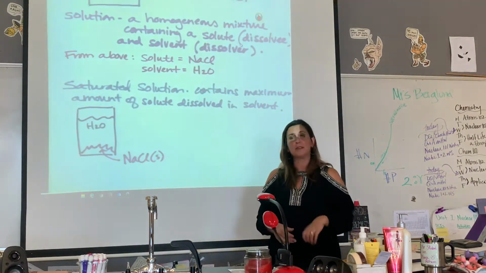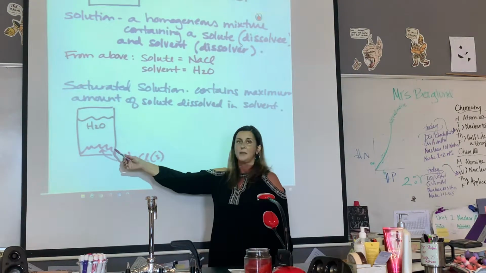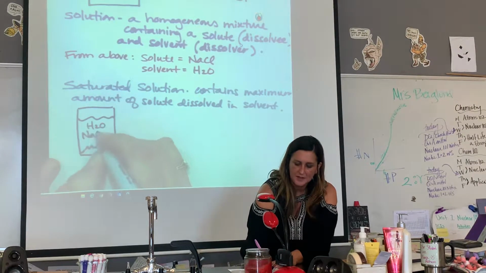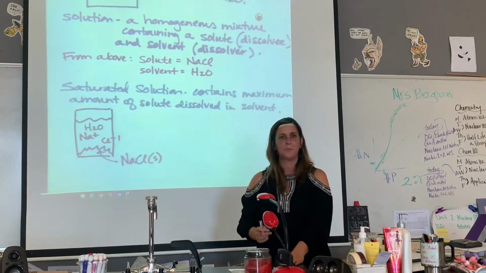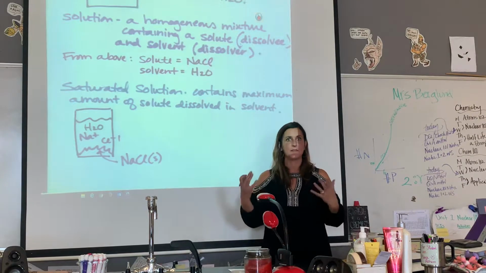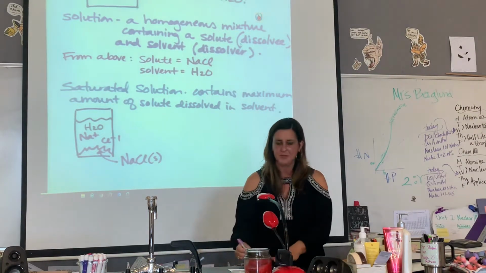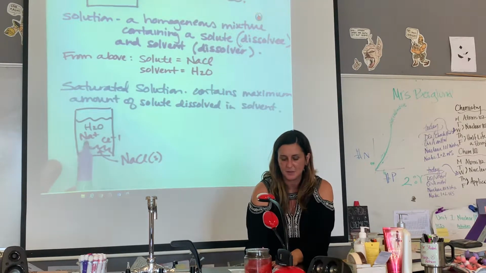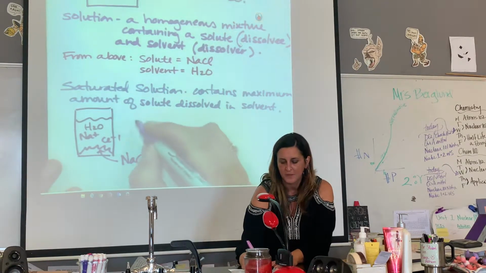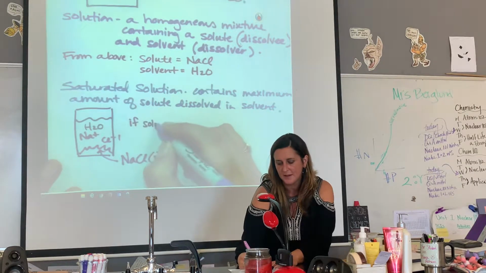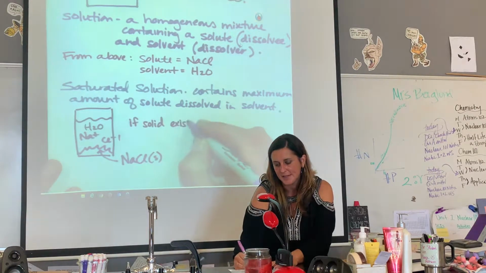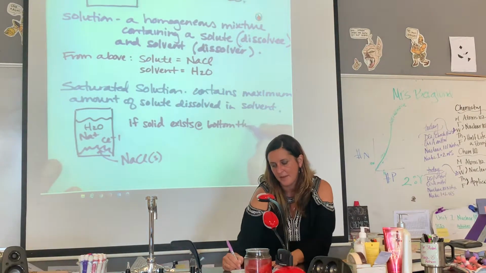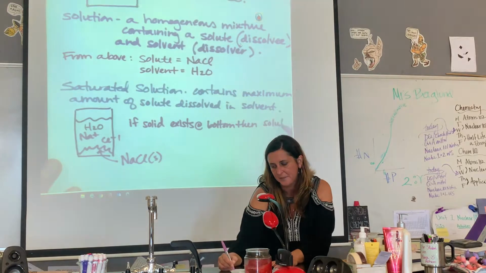If there's sodium chloride solid at the bottom here, then we would know that this water out here has so many sodiums and chlorides in it that it can't hold any more. It's like it's full. So if the solid exists at the bottom, then the solution is saturated.